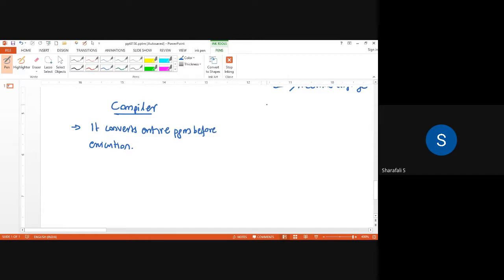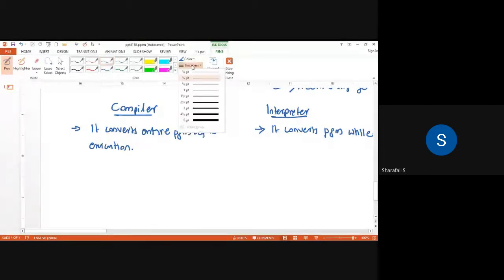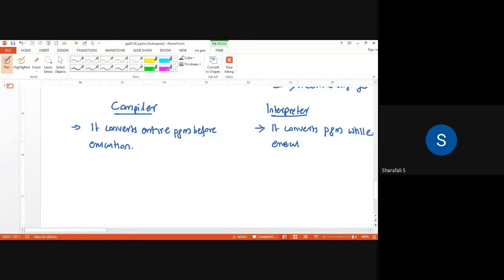But in the case of an interpreter, it converts the program while the program is being executed, which means it will convert the program and at the same time execute it.